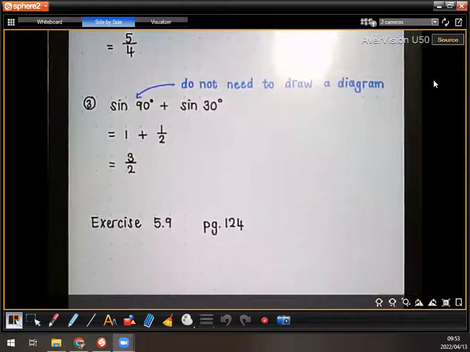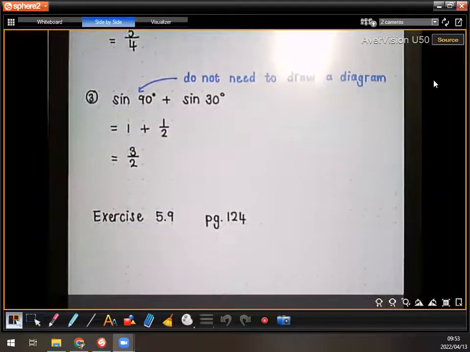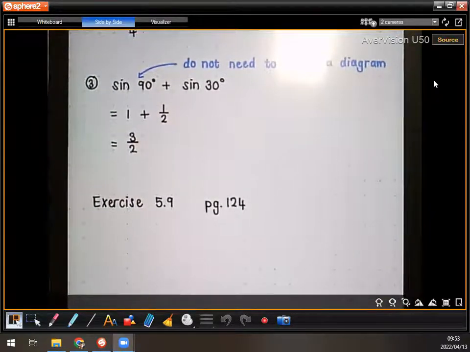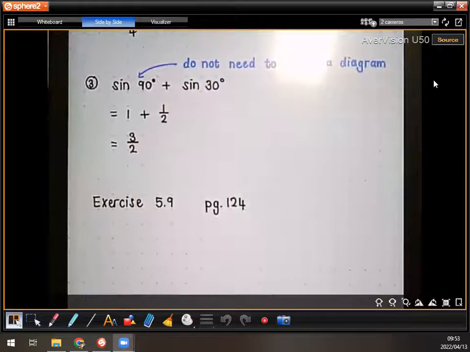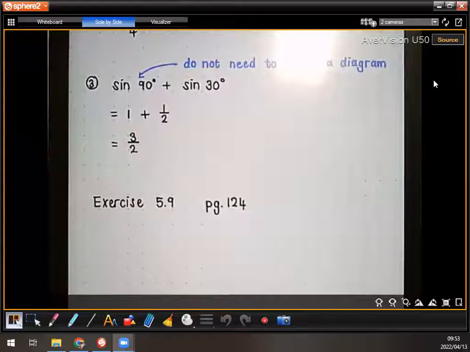So what a lot of people do is, if they know there's going to be trig on the page, they draw it on the front page and then just refer back to it. No, I need to be able to see it in order to give you a mark, so you have to do it on your screen.